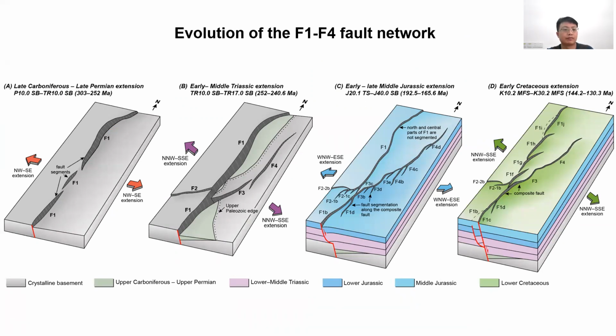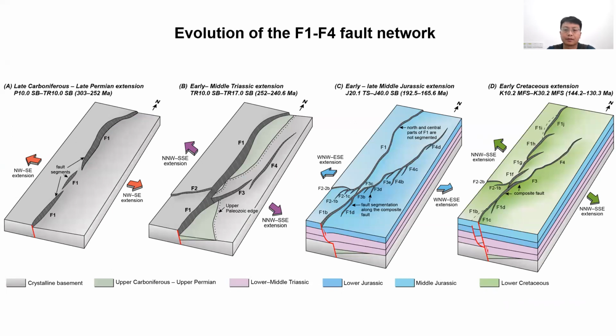Initially, at the late Carboniferous to late Permian extension, they first formed three isolated fault segments of F1, and these gradually linked. In the lower to mid Triassic extension, F2, F3, and F4 were developed, and these were linked with the reactivation of F1, and this formed the fault network.